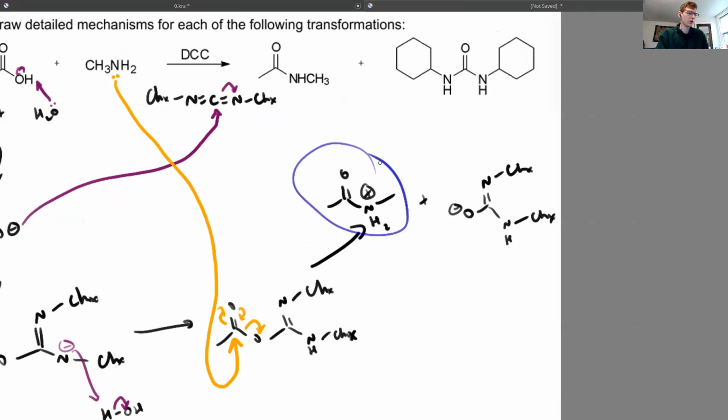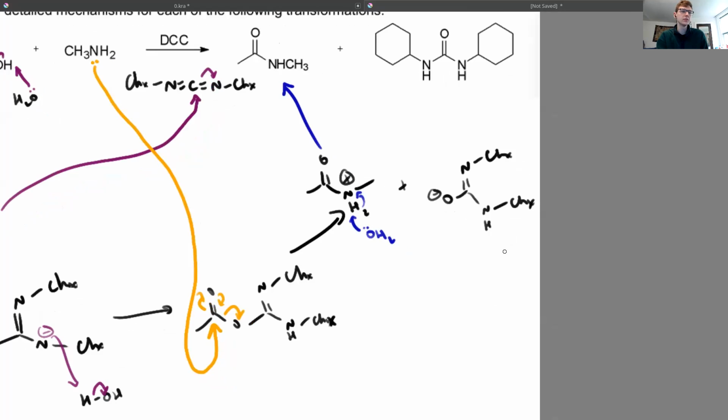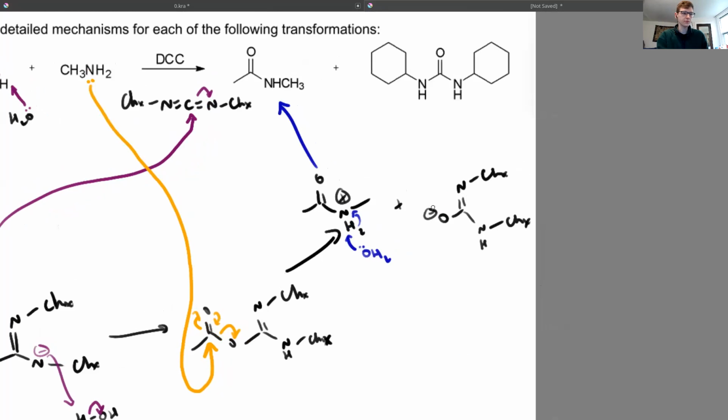And we're almost done then. So what do we do here? What's left? So you're just going to need to deprotonate the nitrogen. Sure. Water. There we go. Okay. Over here. The other one. And then protonate that. Or no, we got to move that.